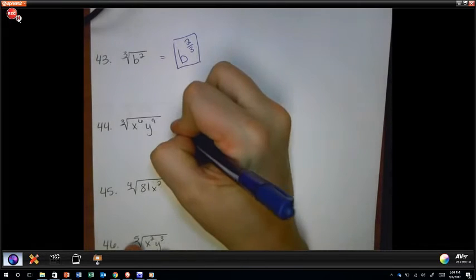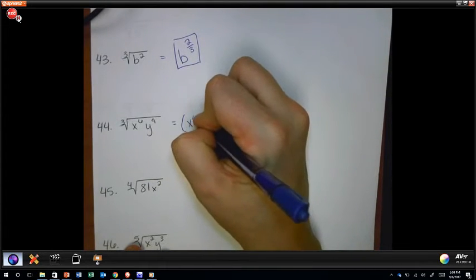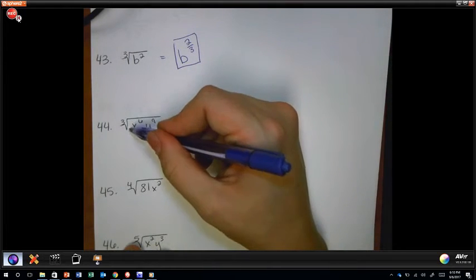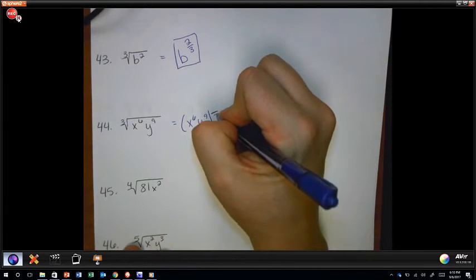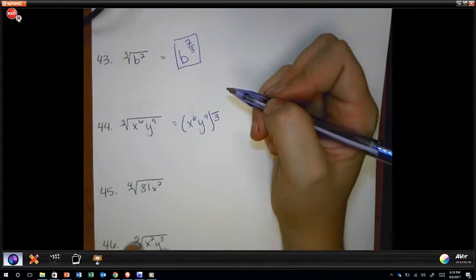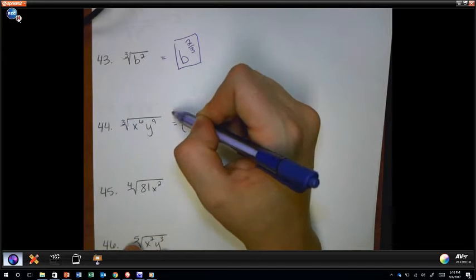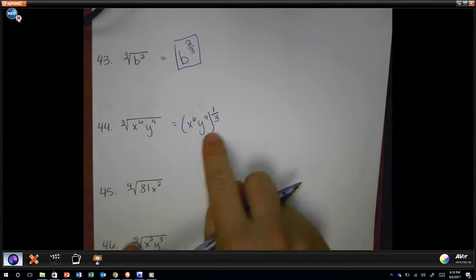Number 44. I rewrite my radicand inside parentheses. My denominator comes from my index. I don't have a power that the entire thing is raised to, so I will put 1 for now. This is not simplified.